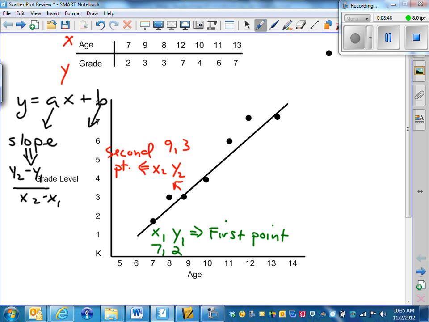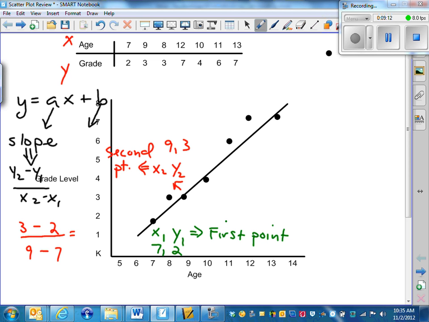What is y2? Anyone? y2 is 3. What's y1? Now let's do the x's. What's x2? And what's x1?